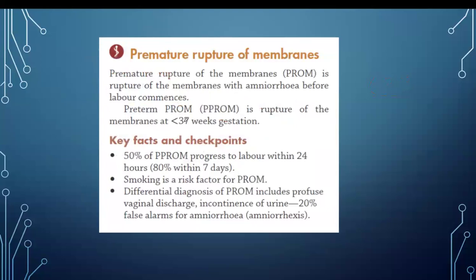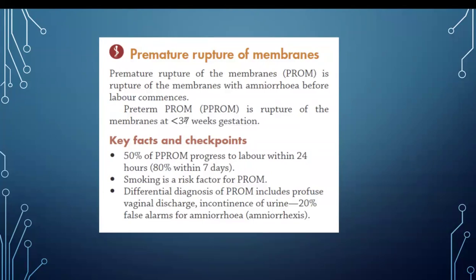What about premature rupture of membrane? Ideally, membrane will rupture after onset of labor. So the pregnant mother will have contractions first, which means labor pain will start first, followed by rupture of membrane.